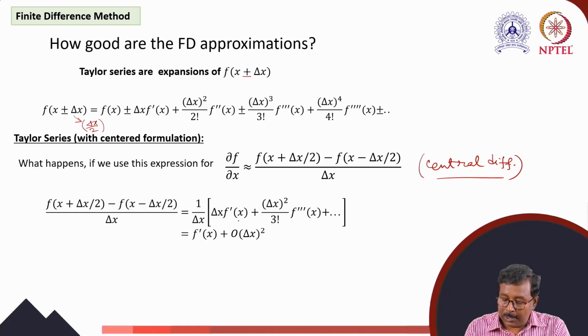So ultimately we are getting only the odd factorial terms, that is delta x f dash x, then f triple dash x, then f fifth dash x, etc.